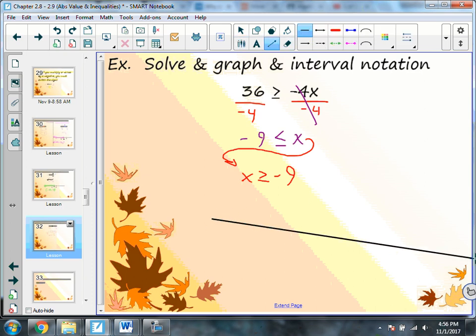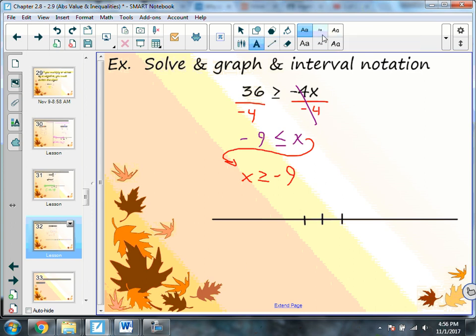And so when I graph it, I'm going to graph -9, -8, and -10. So instead of having a parenthesis on -9, I'm going to have a bracket because it can equal -9.